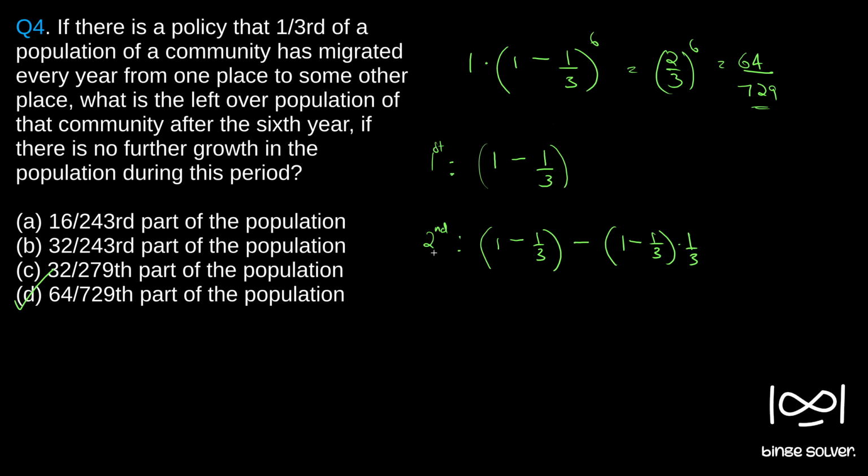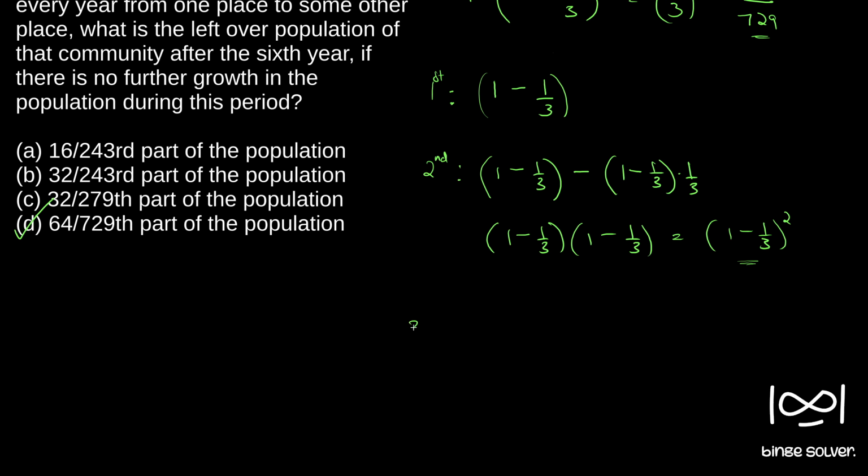So if you take 1 minus 1/3 common, what will you get? 1 minus 1/3 into 1 minus 1/3. So that becomes 1 minus 1/3 the whole square. So after the second migration, we will get 1 minus 1/3 square as our final population.